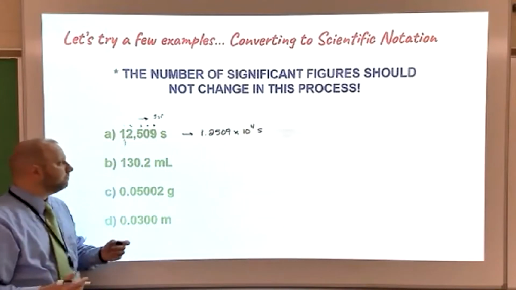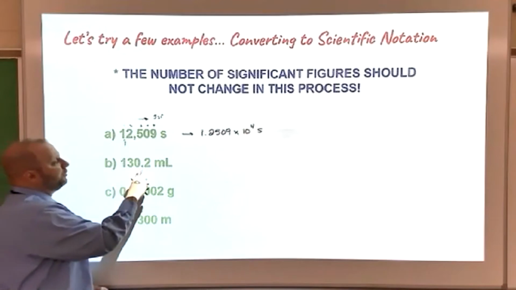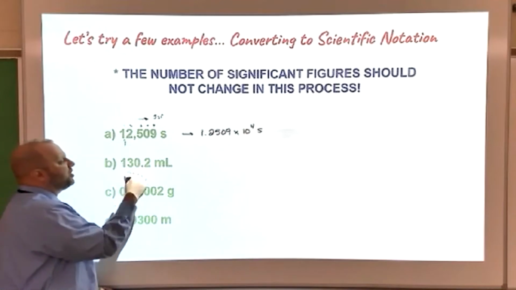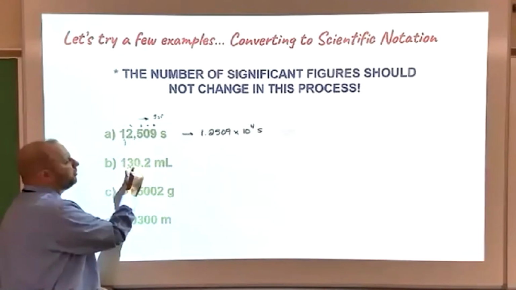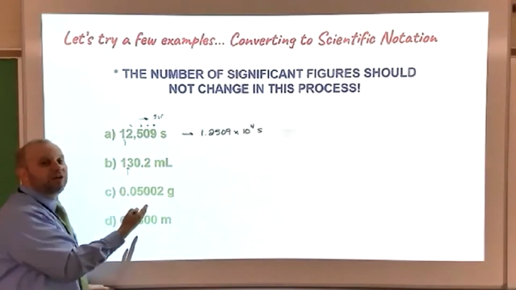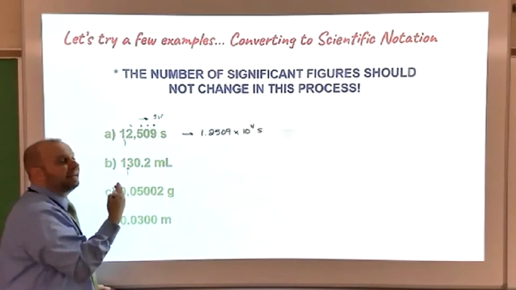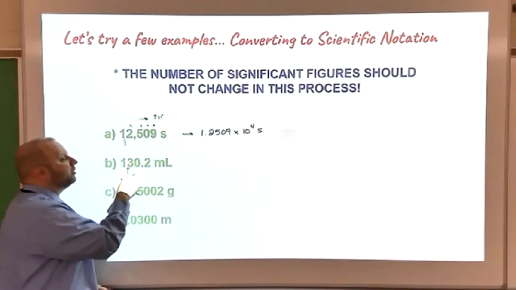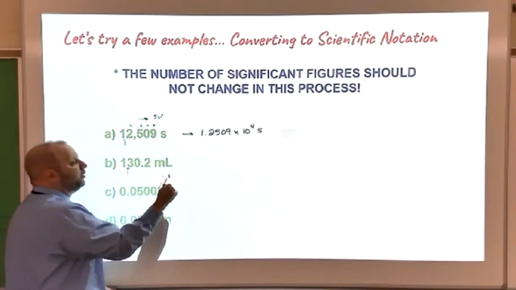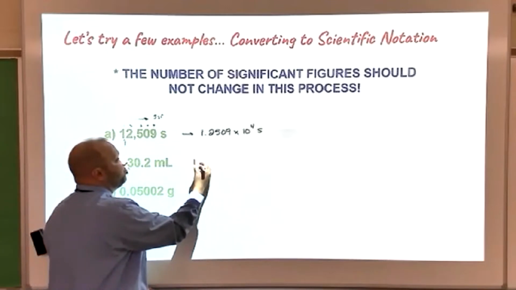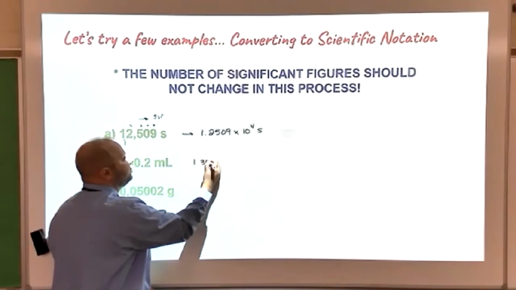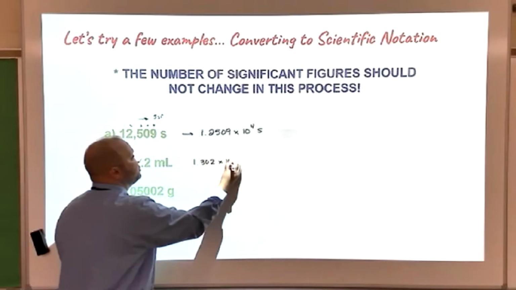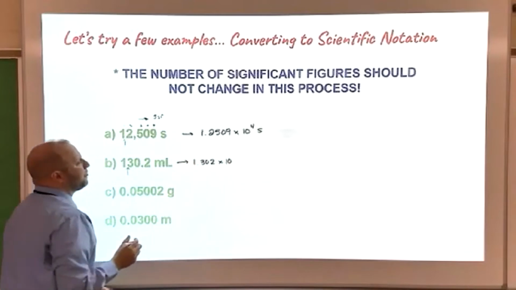Letter B. To start off, the decimal point is over here. When we're done, the decimal point has to be between the 1 and the 3 because we can only have one number, and it can't be a 0, to the left of that decimal point. So we're going to change this number to 1.302 times 10.